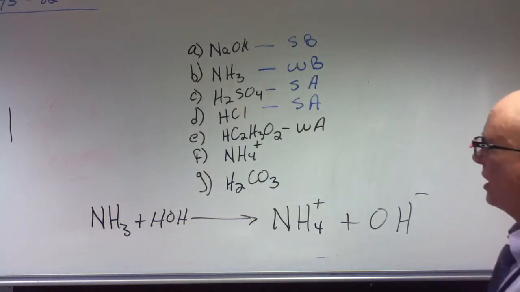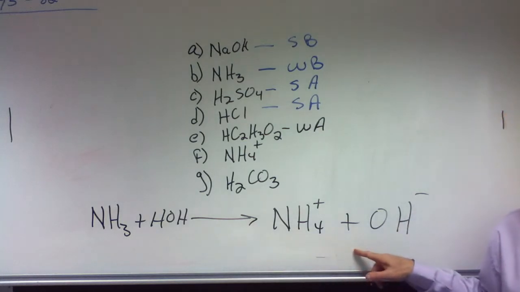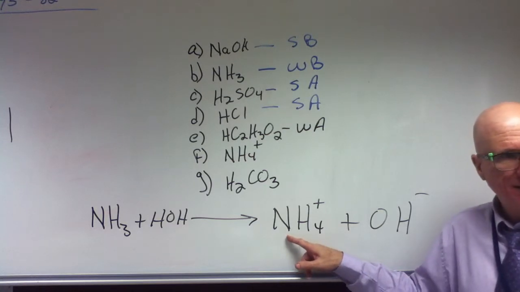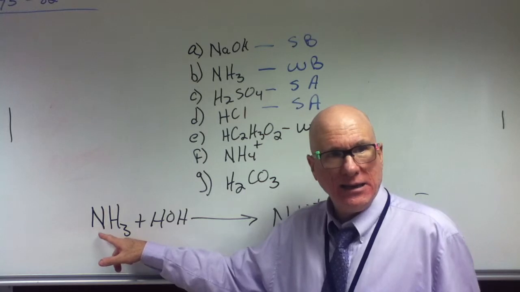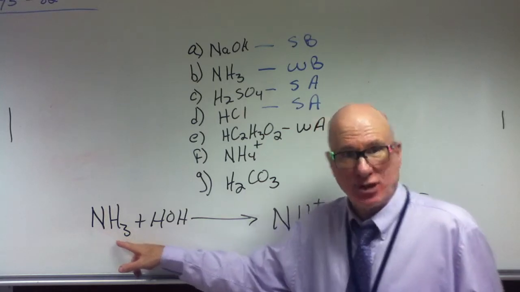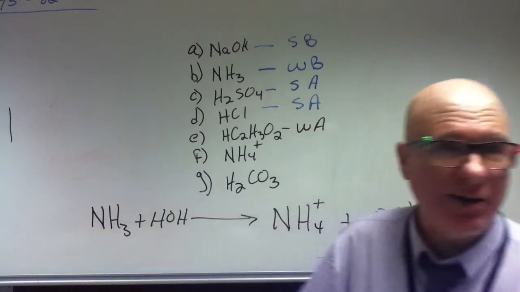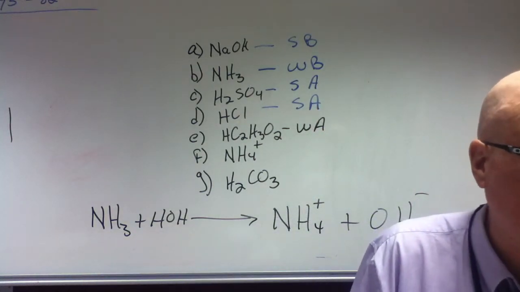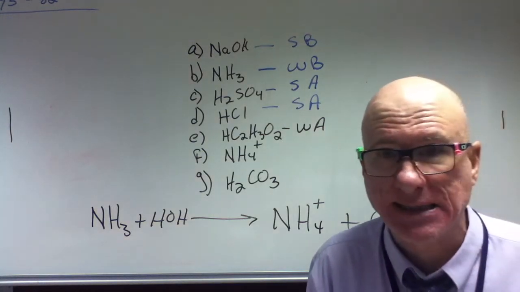Okay, so this is how I make it, right? So what is this? Yeah, this is going to be a proton acceptor, isn't it? A proton acceptor, according to Brownstedt-Lowry, is a base or an acid?